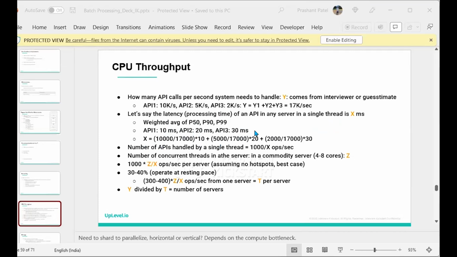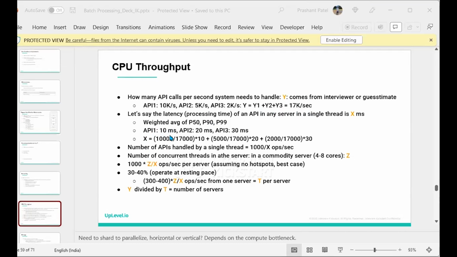Whenever you do the calculation, always go with seconds, because most of the figures you will get are in seconds. So convert milliseconds into seconds. Overall, you have to divide by 17K per second. So 10 milliseconds you have to convert into seconds.